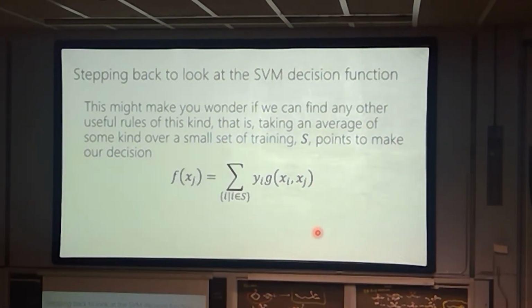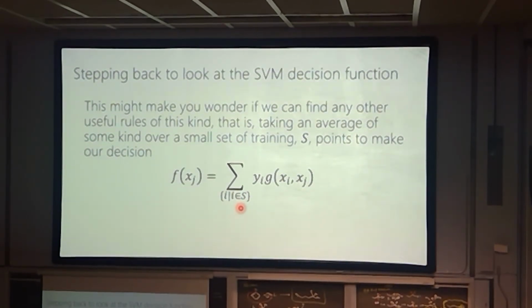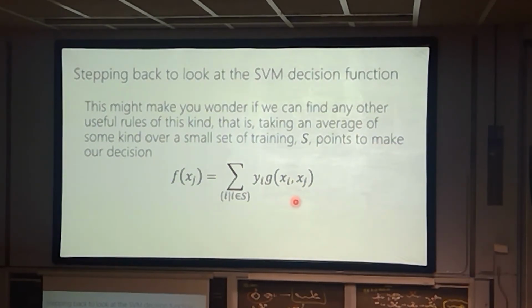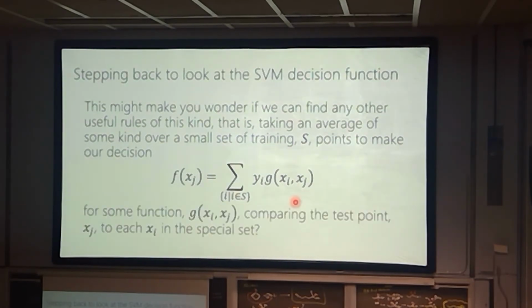So you could think more generally that I'm going to define some set S, and make a decision for point j by taking the labels of all the points in S, indexed by i, and computing some function of the test point itself, plus all the xi's and labels. So it's stepping back a bit from SVM and asking whether it makes sense to do this in some other way.